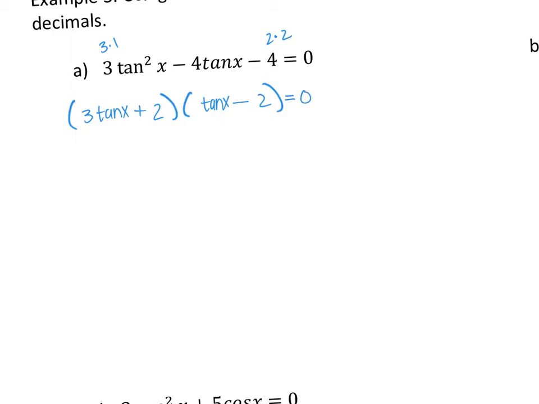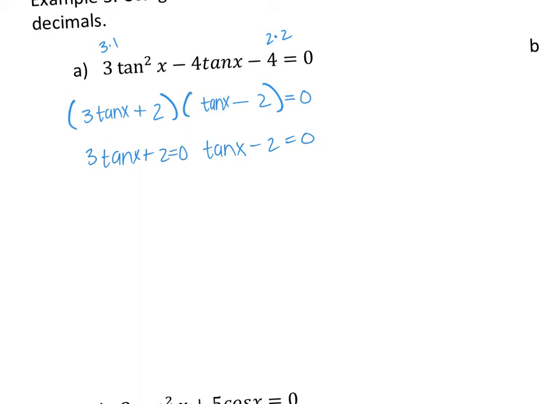You can use slide and divide in the beginning, and then find your factors too. So once you have your factors, you're going to set this equal to 0. Oops, I forgot to set this one equal to 0, my bad.